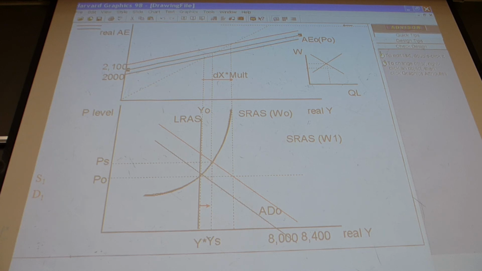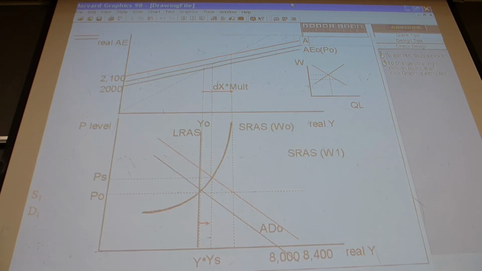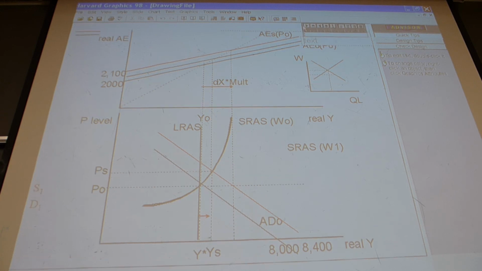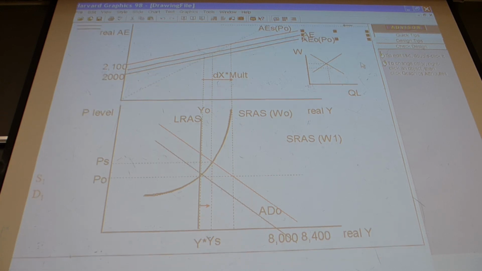So our first one was AE, still at P0. But in the short run, actually AE is going to shift. And in equilibrium, AE will go here in the short run. Do you know why?